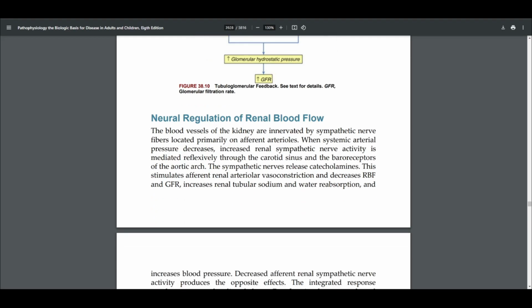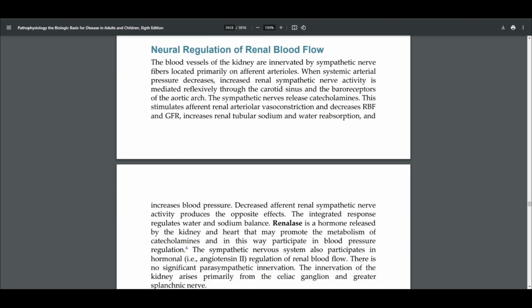So, neural regulation of the renal blood flow. The blood vessels of the kidneys are innervated with sympathetic nerve fibers, located primarily on the afferent arterioles. When systemic arterial pressure decreases, increased renal sympathetic nerve activity is mediated reflexively through the carotid sinus and the baroreceptors of the aortic arch. The sympathetic nerves release catecholamines.